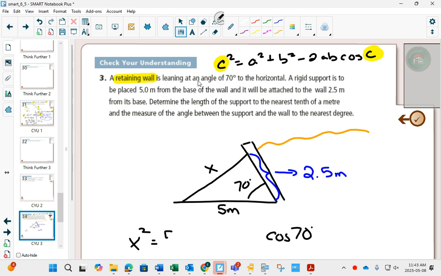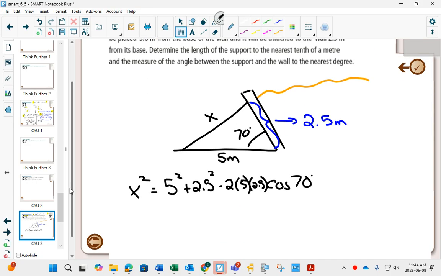The other side does not matter. And again, we're going to go to our calculator, type this in all at once.